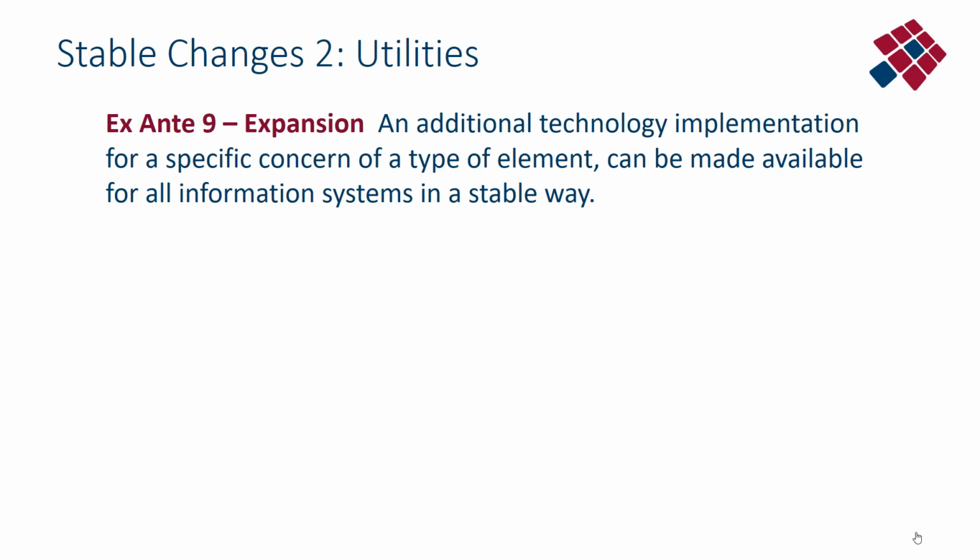Now, if you have a code generation or expansion mechanism, which you normally have in normalized systems development, then we can even guarantee that you can have an additional technology implementation for a specific concern and make it available in a stable way for every element of every information system which is generated using the normalized systems expanders.